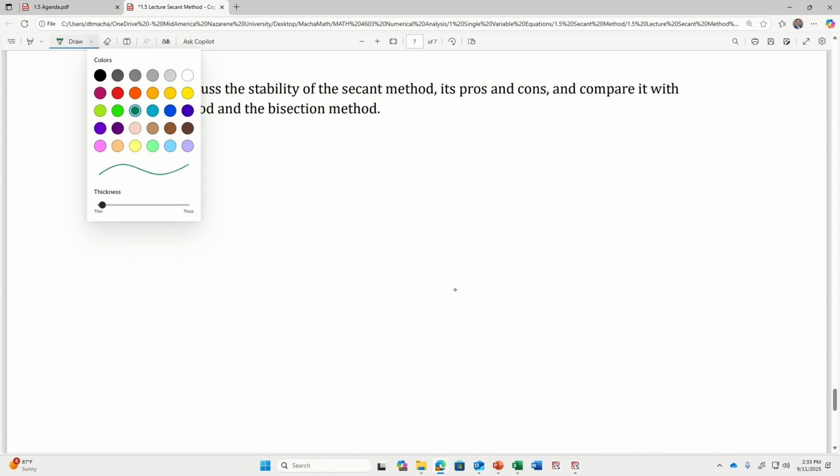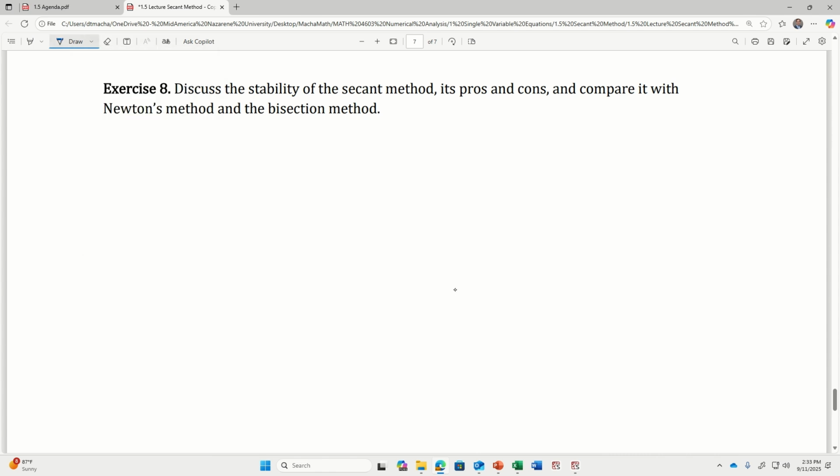If I ask you to discuss the stability of the secant method, it can fail. It's not guaranteed to be stable because it can diverge to infinity in certain cases, like the arctangent problem.